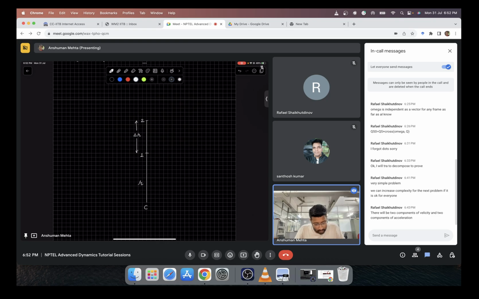And now the table will be moving from point 1 to 2. Let us denote it by 2 dash. So 1 will also change from 1 to 1 dash.